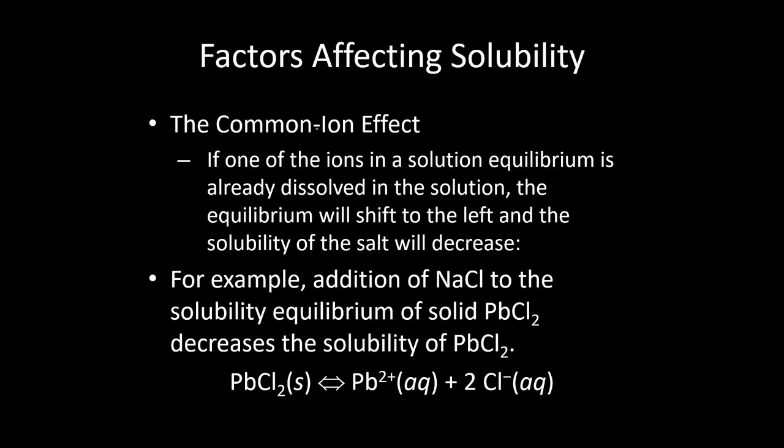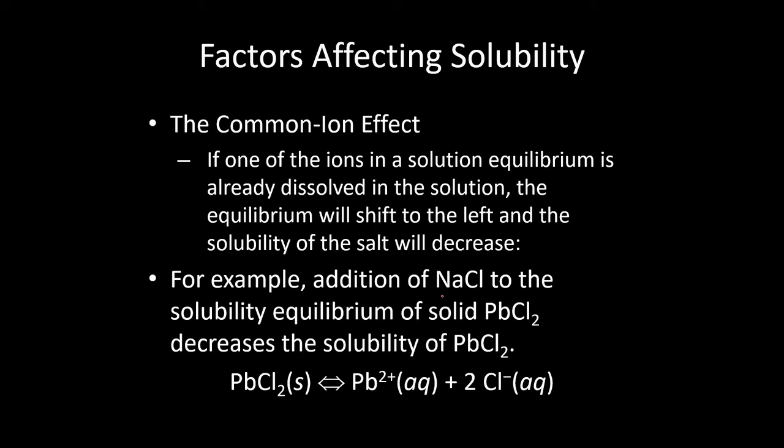So very similar to what we saw in the previous chapter, the common ion effect does come into play here with solubility type reactions, and it's pretty much in the exact same way that we saw before. So if one of the ions in a solution in equilibrium is already dissolved in the solution, the equilibrium will shift to the left and the solubility of the salt will decrease.